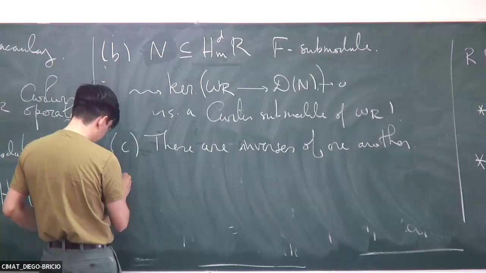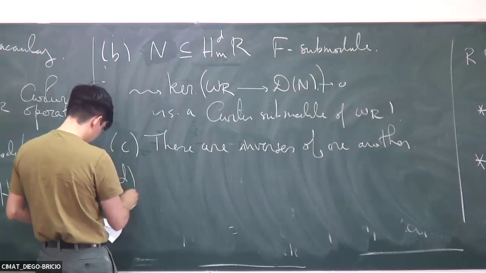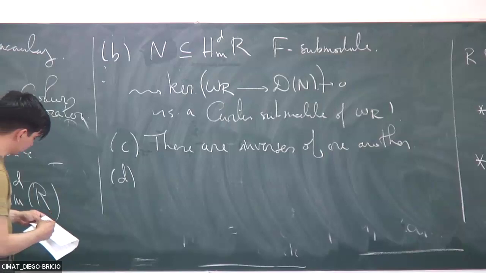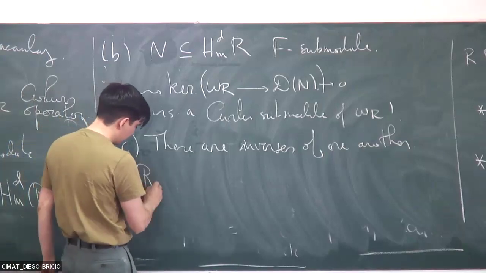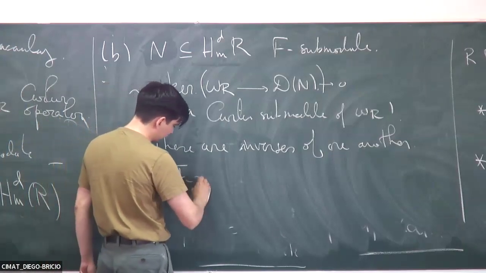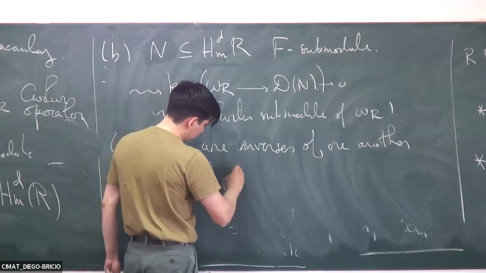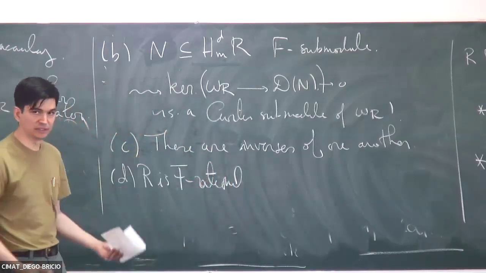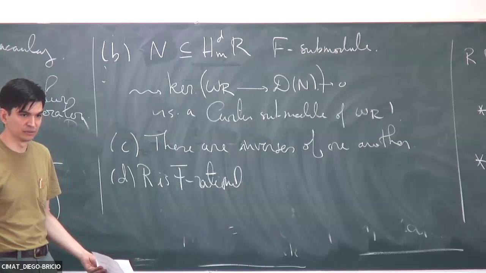Well, the conclusion here, maybe I'm going to do a different order than is here in the notes. In particular, R is F-rational if omega R is a simple Cartier module.